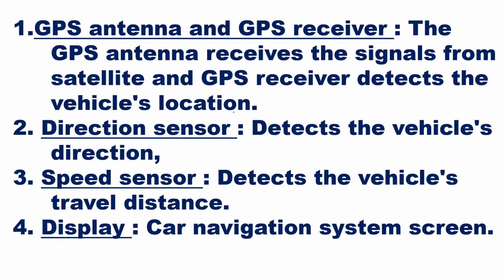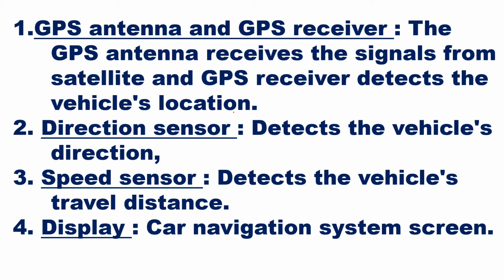Now the units which you have seen in the block diagram: the first unit was the GPS antenna and GPS receiver. The GPS antenna receives signals from satellites, those GPS low altitude satellites, and the GPS receiver detects the vehicle's location in terms of latitude and longitude of Earth's position.